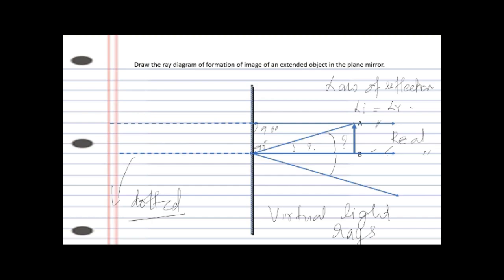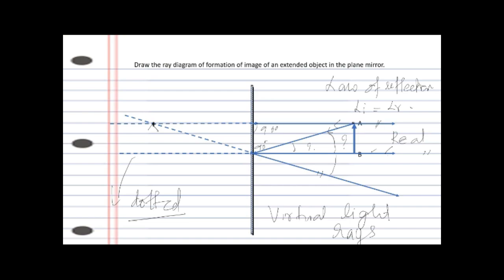Now what will happen here then? You have to extend in this direction only. So it meets somewhere here. Now look at this. Two light rays have gone from this point, and they are meeting somewhere here, right? So the image of this particular point will fall here.